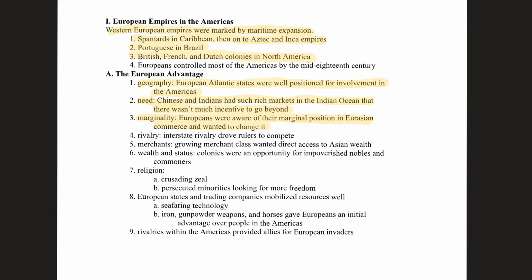What they're hoping to do is discover something or find some way to get something that the Chinese and all these other traders that they're purchasing from will want, so we can have a better give and take of trade. Because at this point, the Europeans are buying a lot of goods coming from the East, but the people in the East aren't buying a lot of goods from the Europeans.